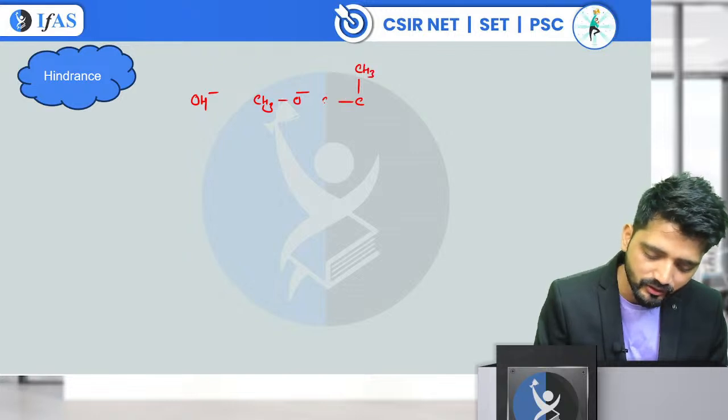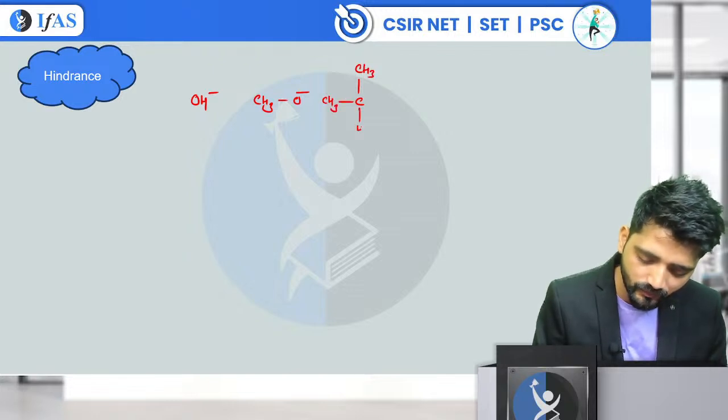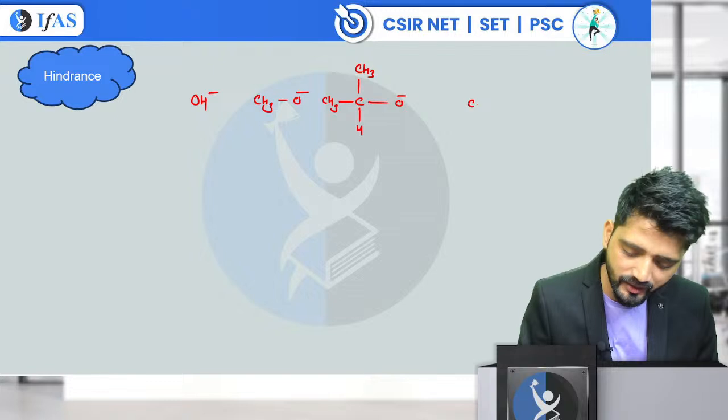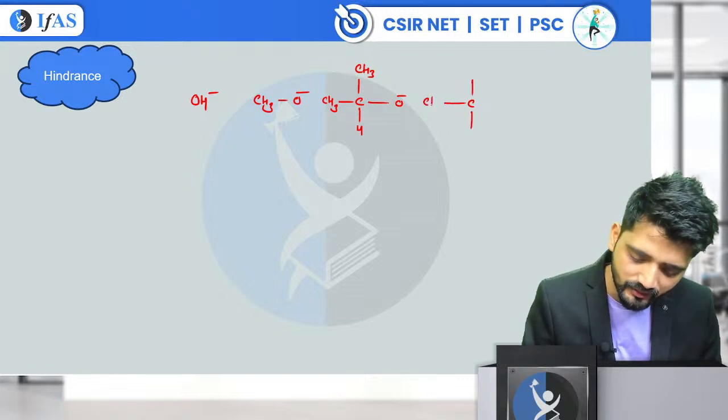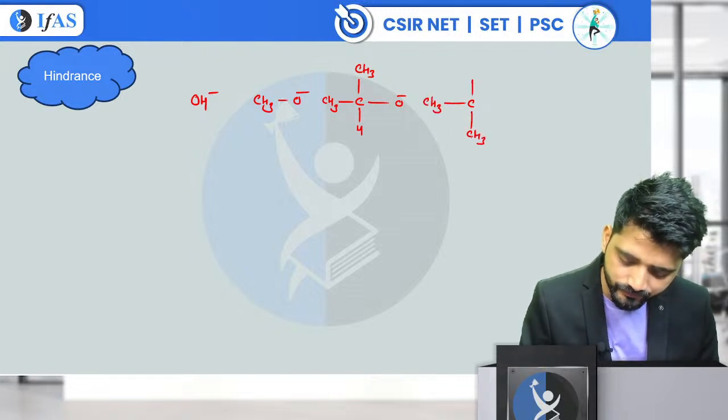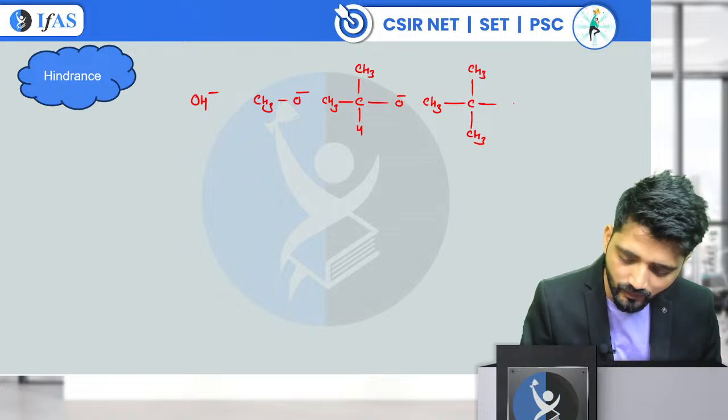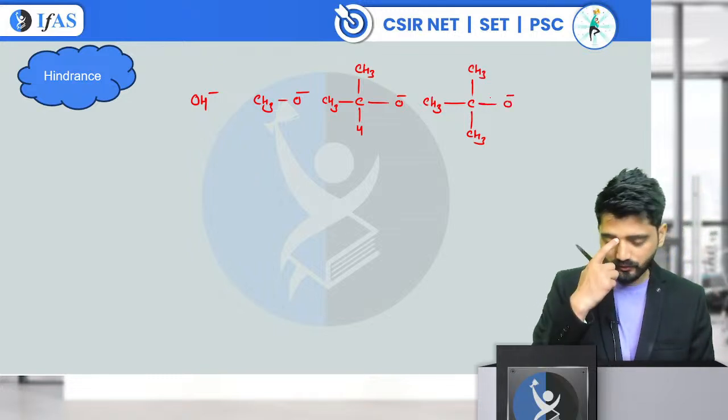and an O minus, and a carbon center which has 3 CH3s and an O minus. I have these 4 nucleophiles.